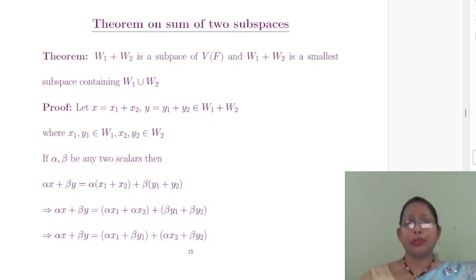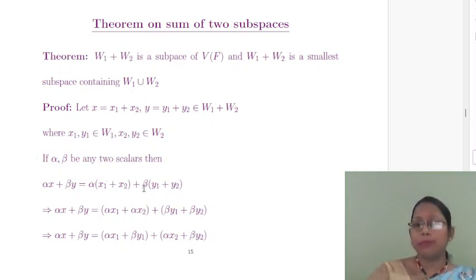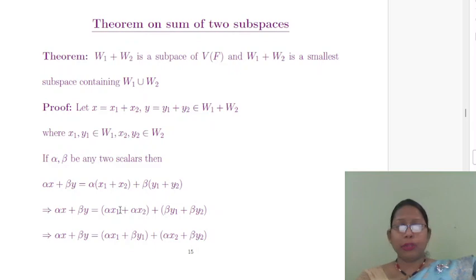That means x1, y1 belong to W1, and x2, y2 belong to W2. If alpha, beta are any two scalars, then alpha x plus beta y is equal to alpha, put the value of x, it will be x1 plus x2, plus beta, put the value of y, that is y1 plus y2. Then use the property of scalar multiplication.